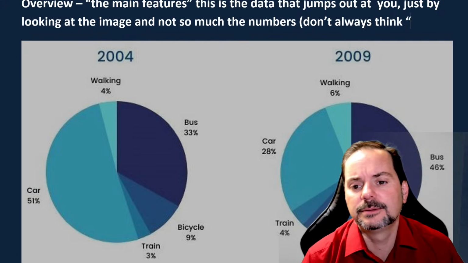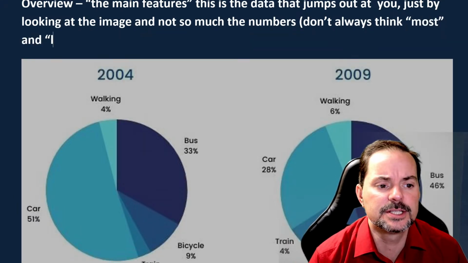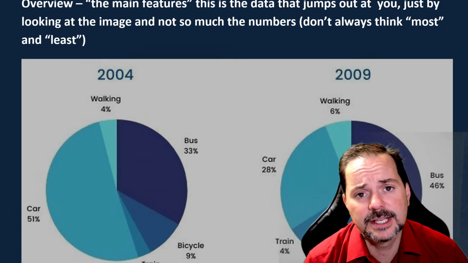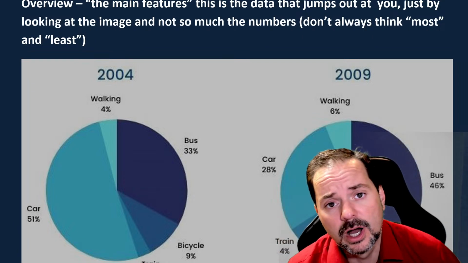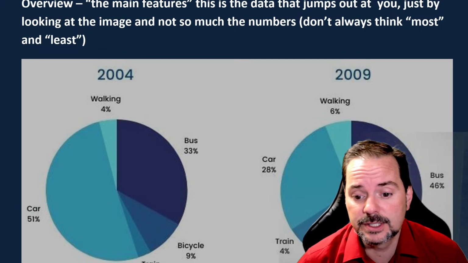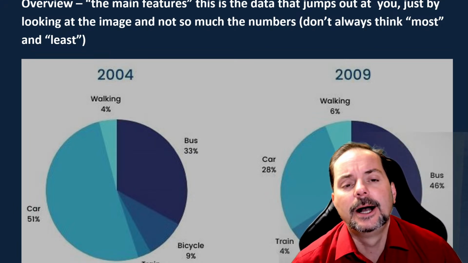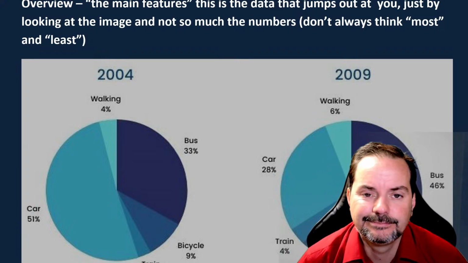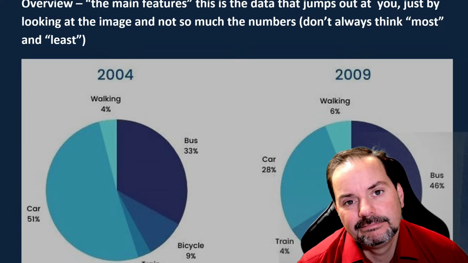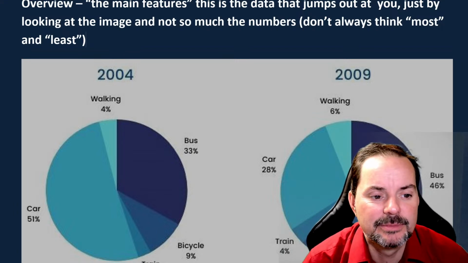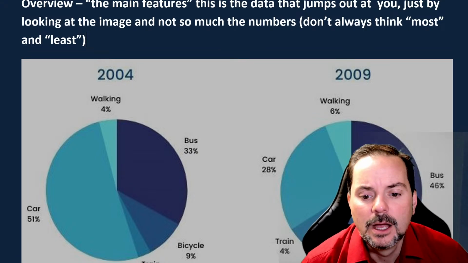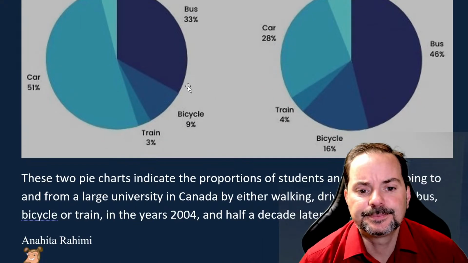IELTS examiners really love to see essays that have more critical thought, more originality than just saying cars were the most and then buses were the most. Yeah, I agree, but maybe there's some other important or interesting data that's there. Let's take a look.